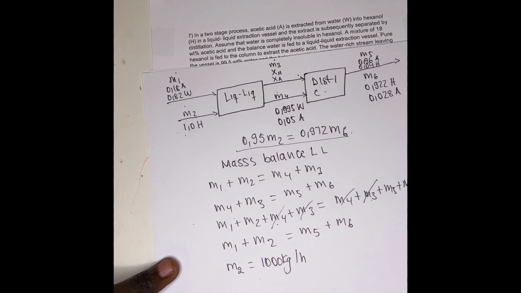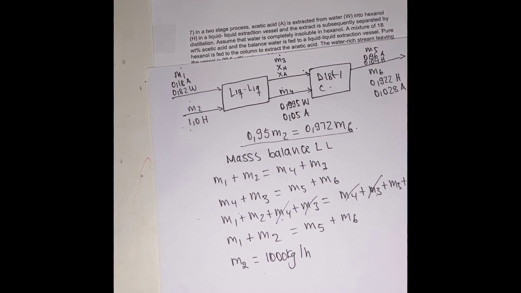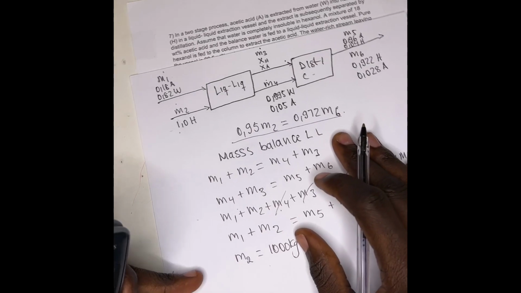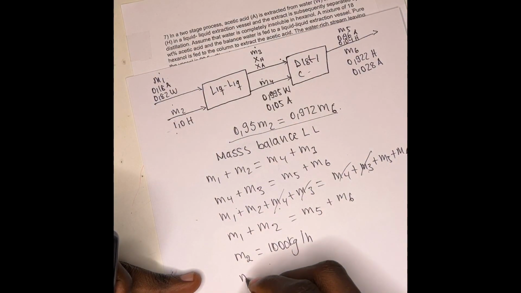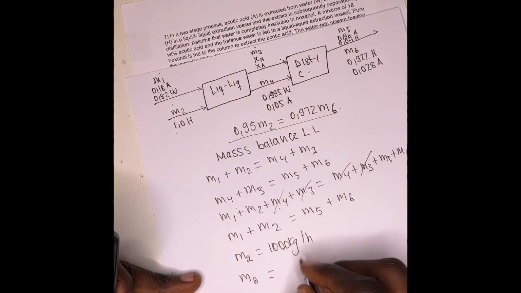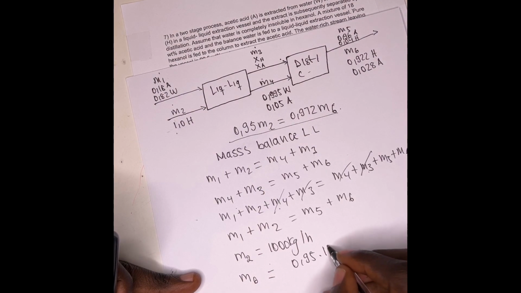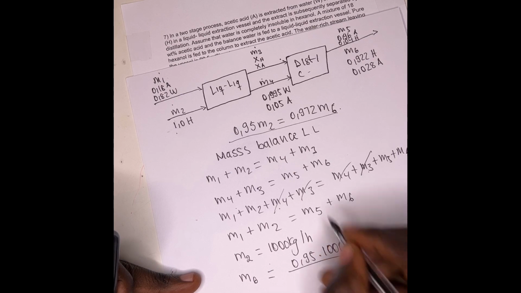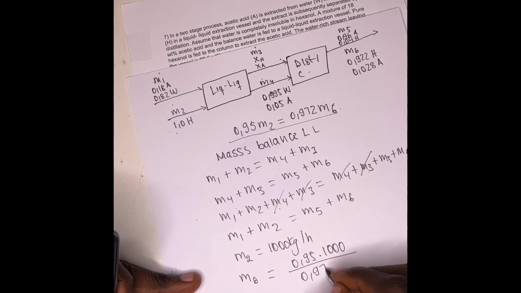You can do that. So now, from here, what do we do? We can solve M6. So what will be M6? M6 is just going to be 0.95 times M1, M2, we know that is 1000, and then we divide that by 0.972.